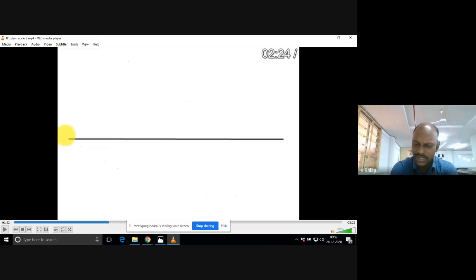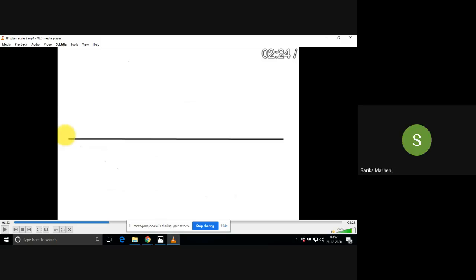Correct. Even though this line shows only 15.2, forget about 15.2. This line is actually carrying a 4 feet length. That's why we are dividing this length into 4 equal parts, so that each part will be how much? 1 foot.